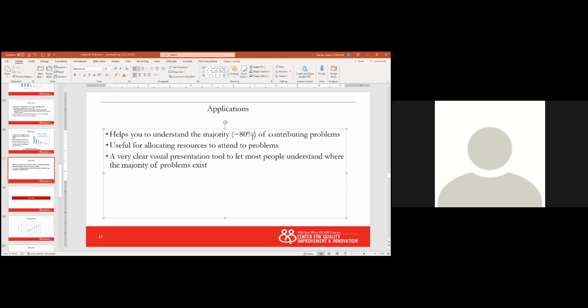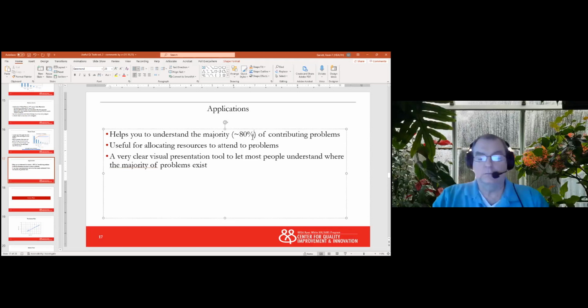So in some of the areas I use the Pareto chart, because this tool is very useful to identify what we need to work on to achieve compliance with any measure. Okay, I think that's great. Thanks, Wanda.